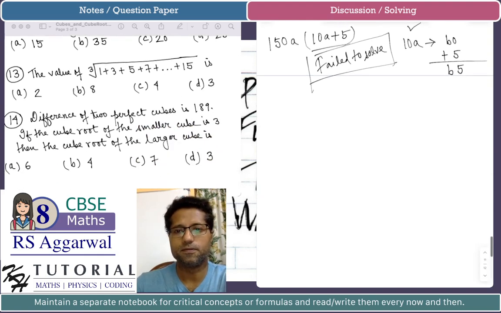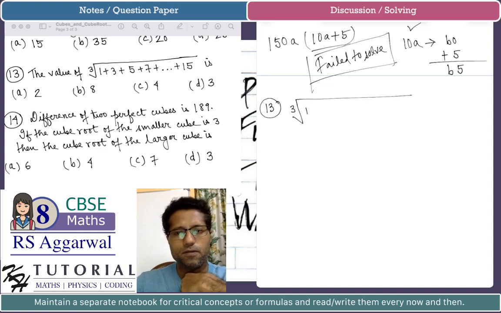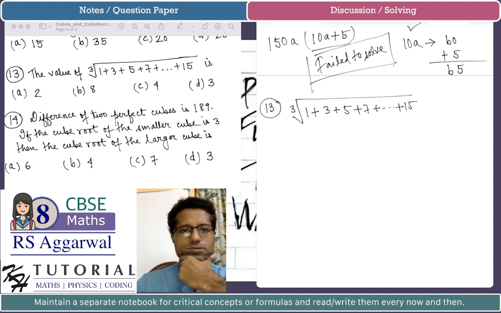Problem number 13. The value of the cube root of 1 plus 3 plus 5 plus 7 plus dot dot dot plus 15 is what?